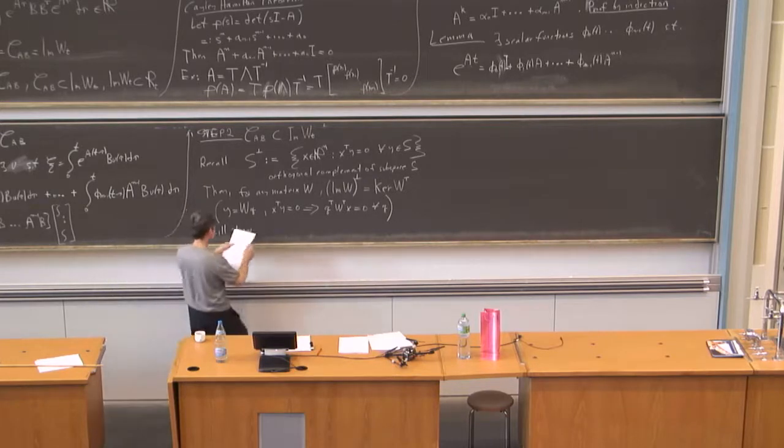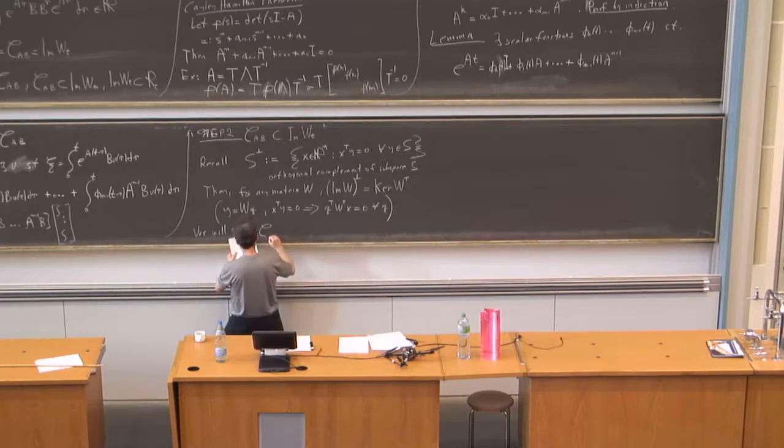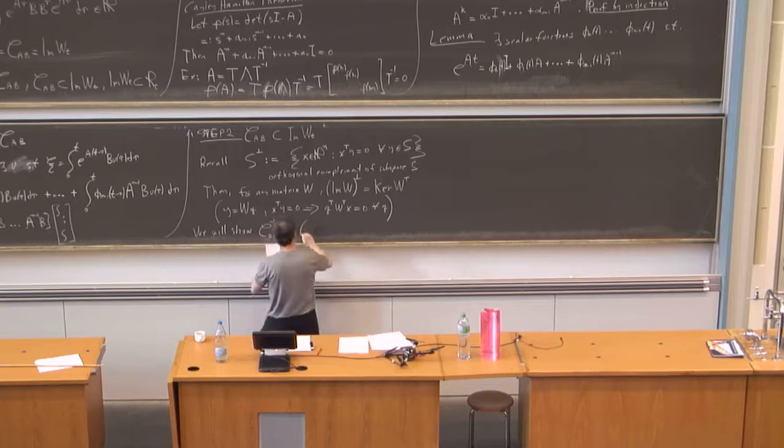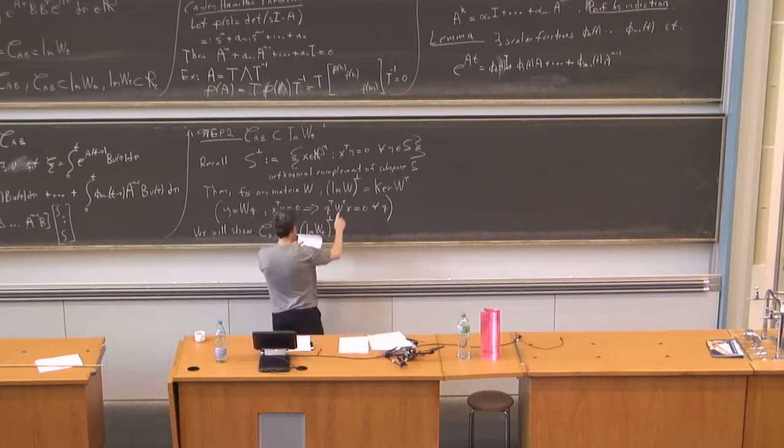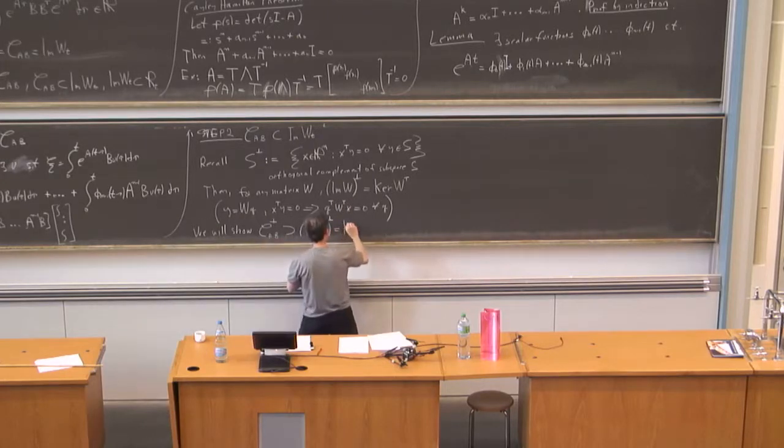We will show that the orthogonal complement of AB contains the orthogonal complement of the image of WT, which by this statement here is nothing but the kernel of WT transpose.